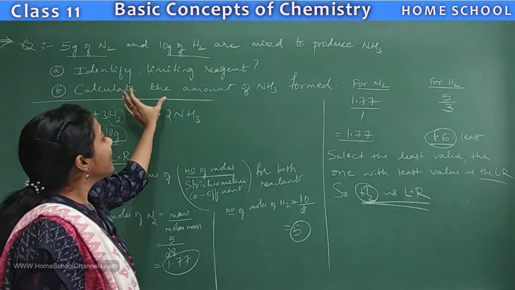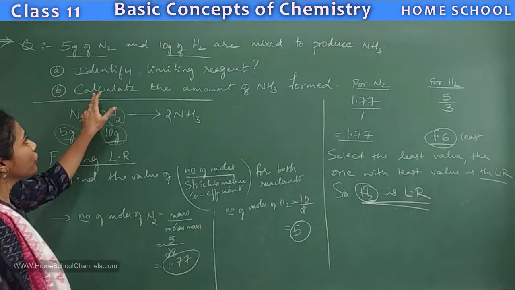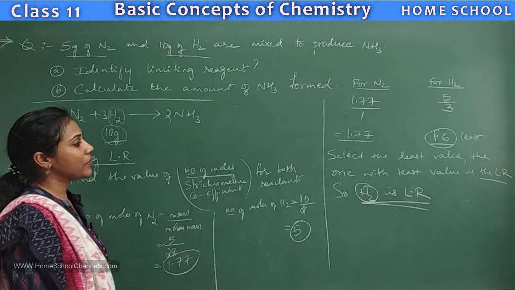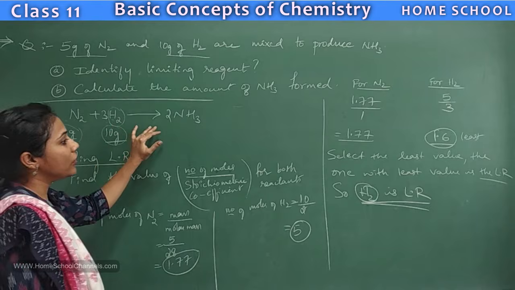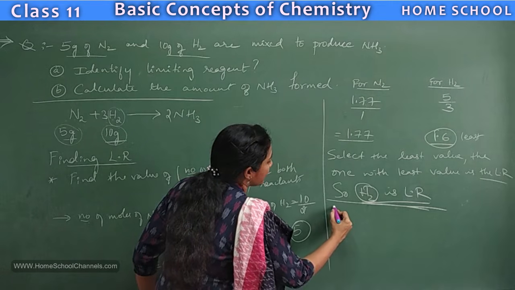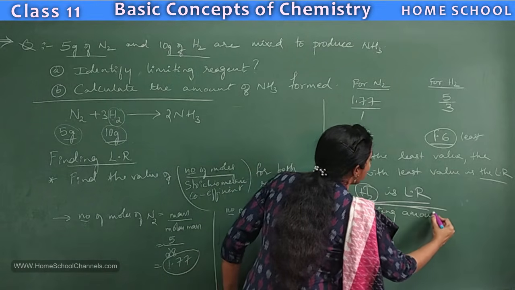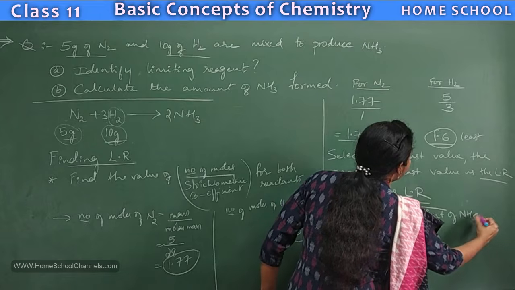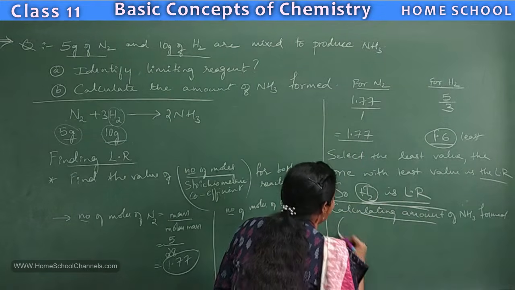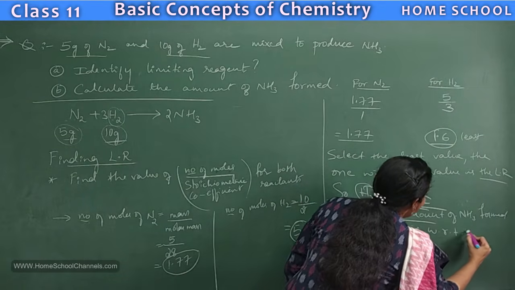You should calculate the amount of ammonia formed with respect to the limiting reagent, from the equation. Now I am calculating the second part of the question, that is calculating the amount of ammonia formed with respect to the limiting reagent.